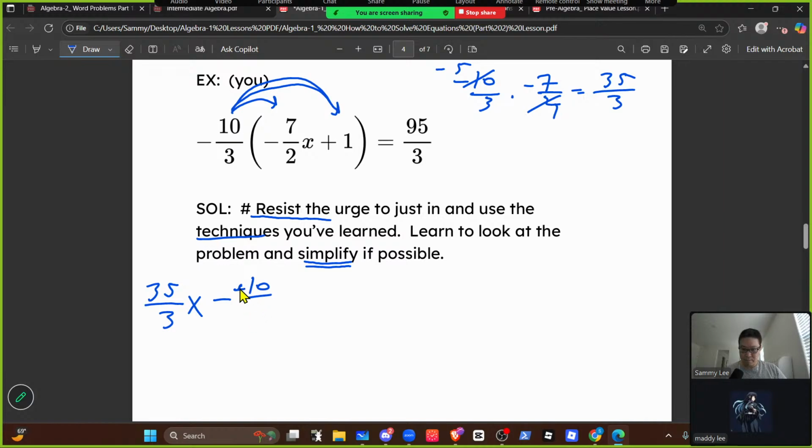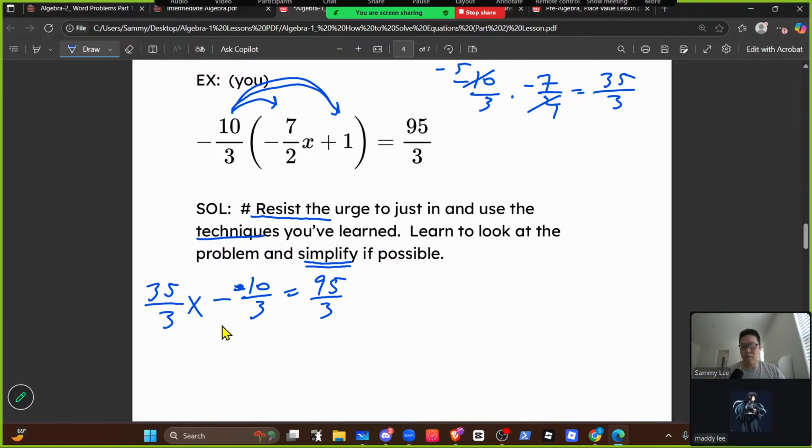So 10 over 3 equals 95 over 3. And notice now, you actually don't need to clear the fraction because they all have the same denominator, so you can just solve this right away. So what should our next step be?